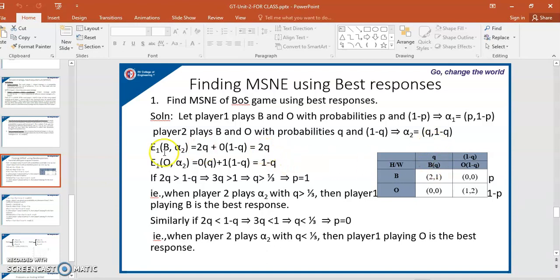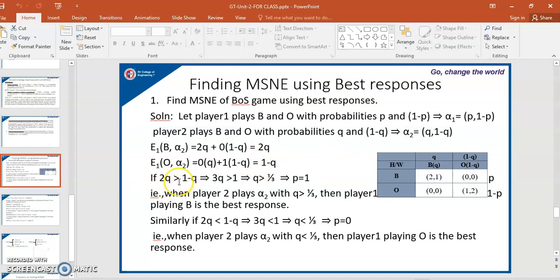So, you are going to see that E1 of B comma alpha 2 is equal to 2Q. Similarly, E1 of O comma alpha 2, the expected payoff of player 1 when he is playing O and the other player is playing the strategy alpha 2, is nothing but 0 into Q plus 1 into 1 minus Q, which is 1 minus Q.